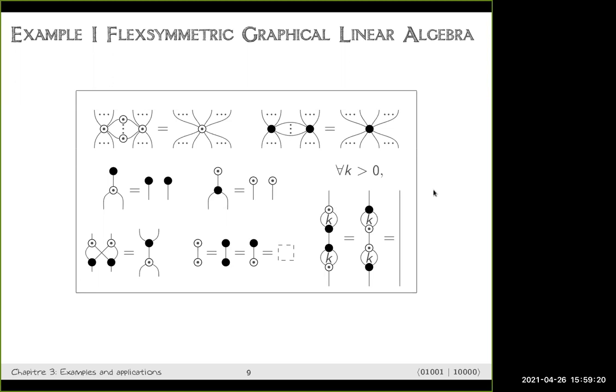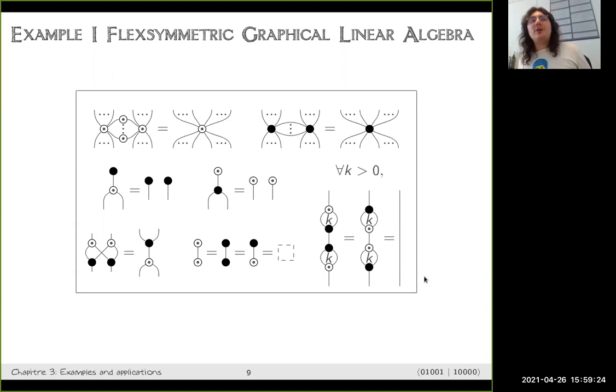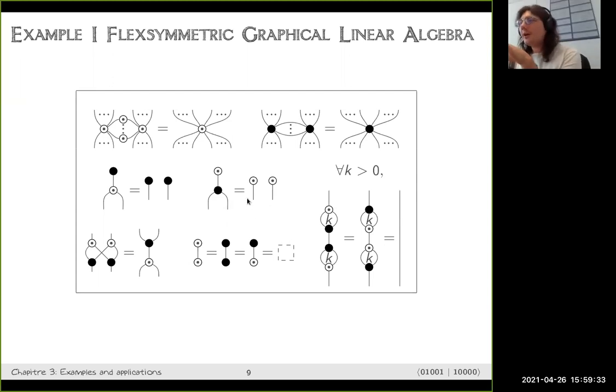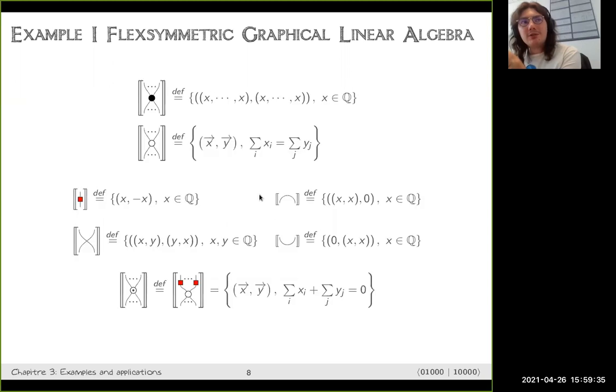Where are the faces? Oh, in graphical linear algebra, there are no faces. Then how can you represent any matrix? Oh, so in graphical linear algebra, the semantics is not into vector spaces. It's linear relations, and the tensor product is not the tensor product.